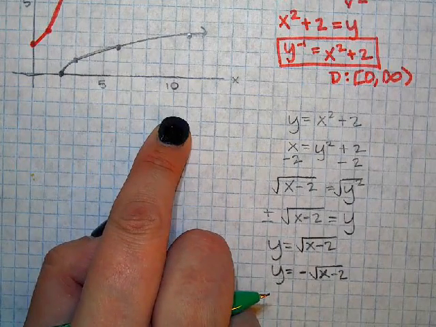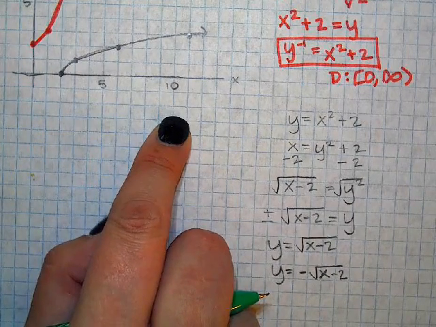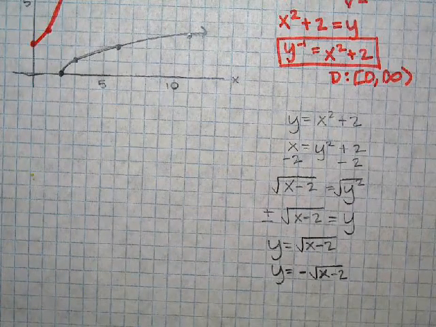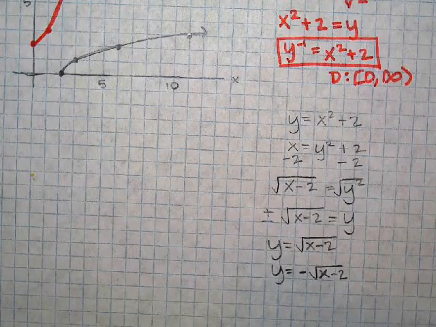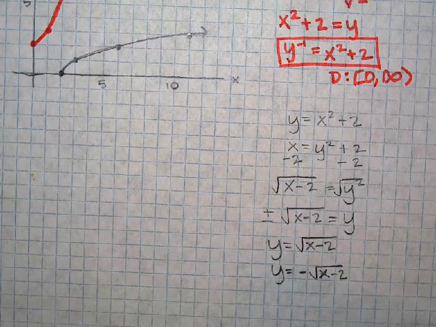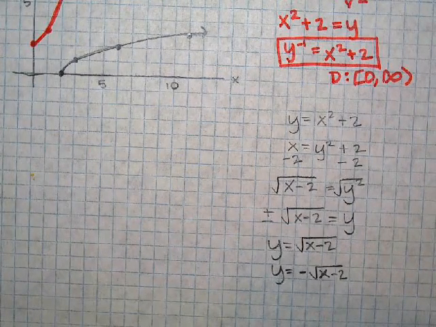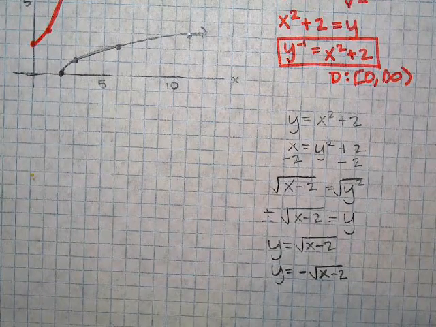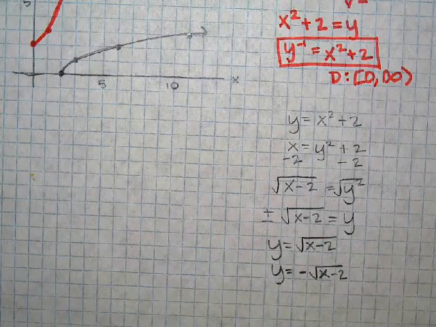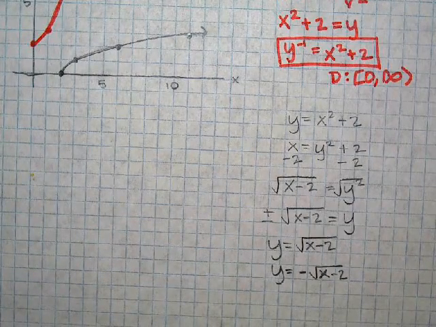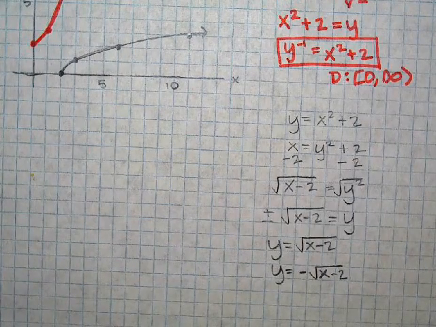So it's something that you are just going to be a little bit aware of. Is it something I'm going to test you on explicitly? No. But in an honors math 3 class, if I never told you about it, I would not be a very good teacher. Okay. So that is why I showed you guys on the graphing day, because it's a little bit easier to see from points than it is to see it from the equation.